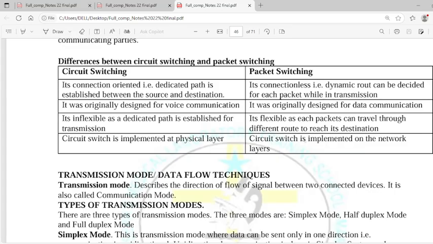It's flexible, as each packet can travel through different routes to reach its destination. In circuit switching, the switch is implemented at the physical layer, while in packet switching, it is implemented at the network layer.